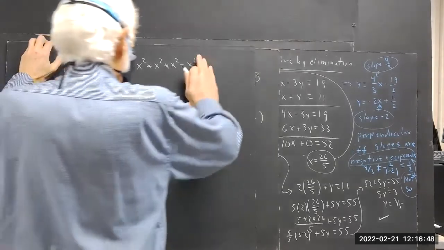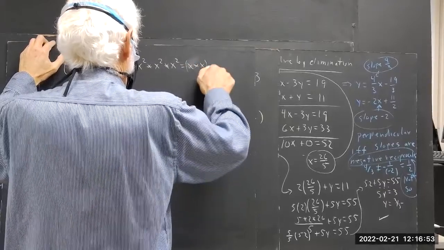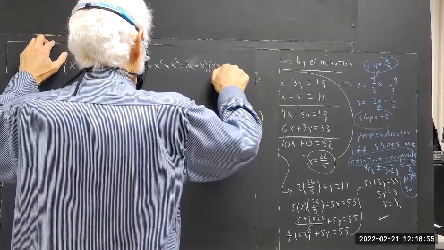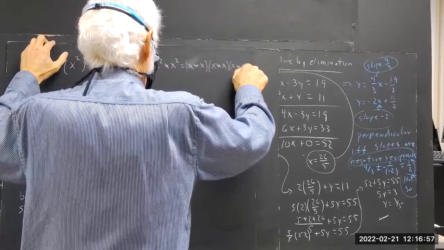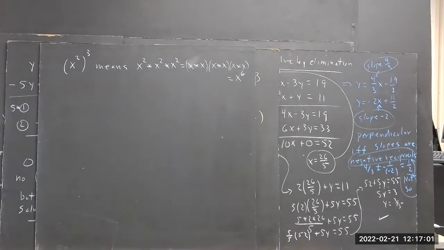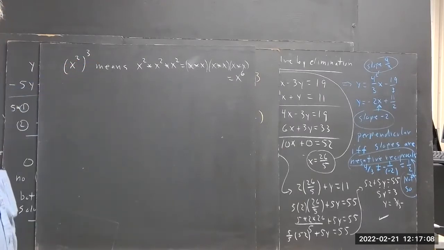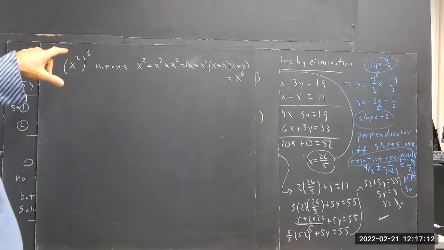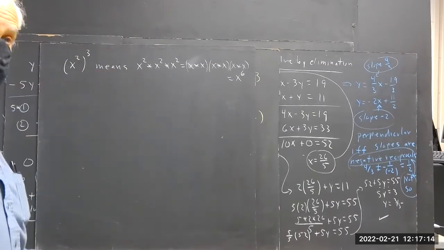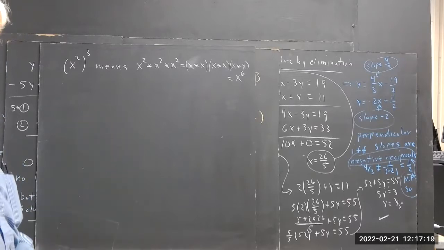And of course I can write that out. Now, there's a very common error people make. When they see the 2 and the 3, they want to add them instead of multiplying. If you know and visualize what x squared cubed means, you're going to know better than to add the exponents.